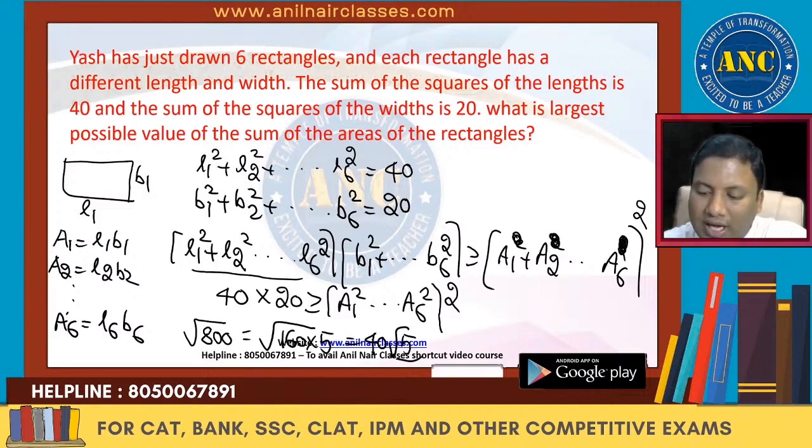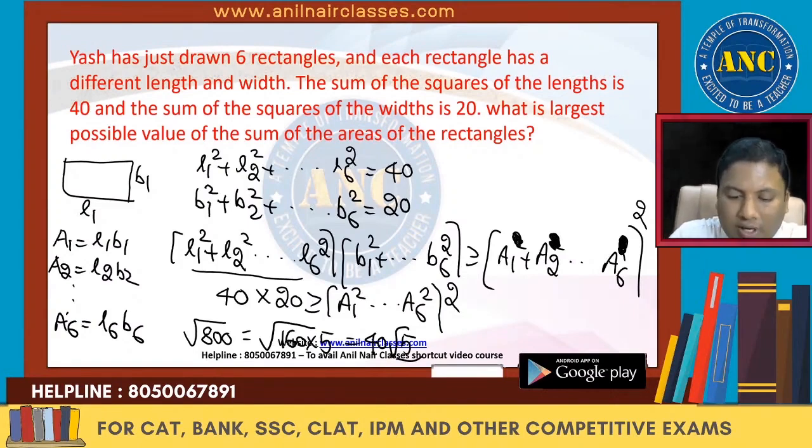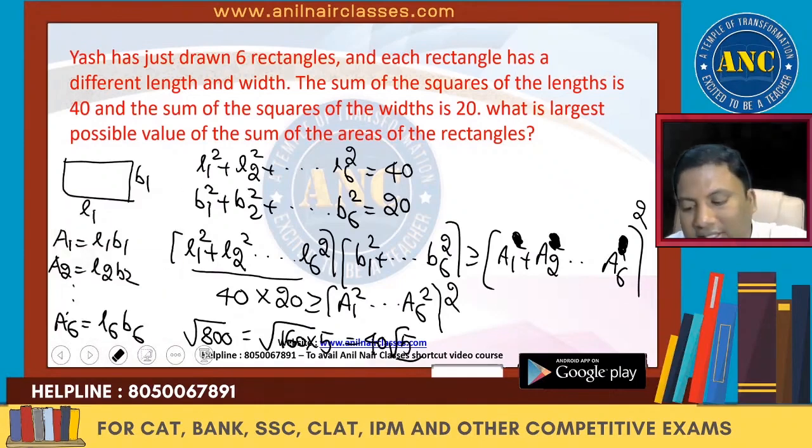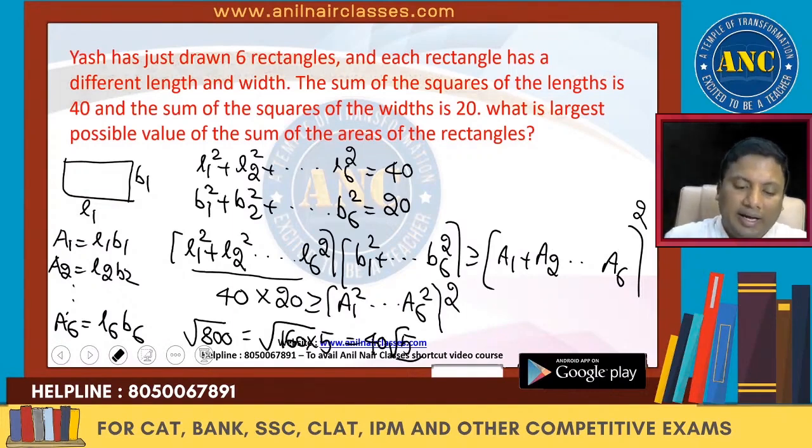I made a mistake. Instead of writing whole square, I wrote it as A1 square. So L1 B1 is A1, L2 B2 is A2, L6 B6 is A6, A1 plus A2 and so on up to A6. Now let me erase these whole squares. I hope the idea is clear.